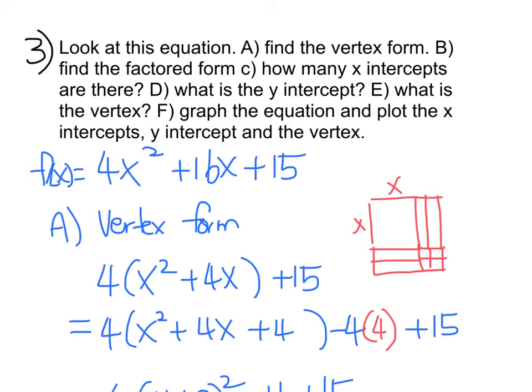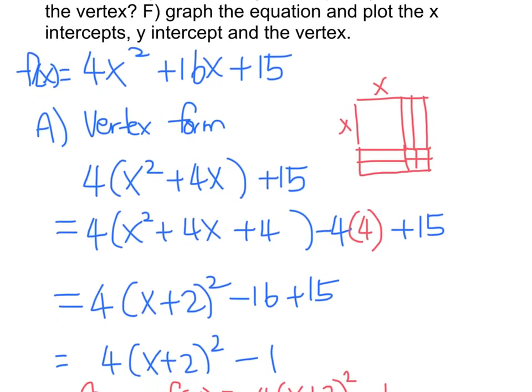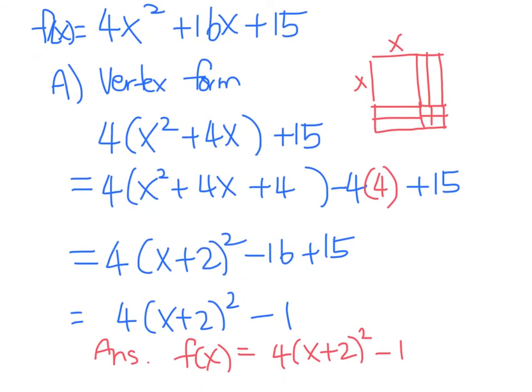Or another way is if you answered part A, because what is the purpose of the vertex form? To find the vertex. So if you look at the answer for A, your vertex form is this one right here, right? I taught it to you yesterday. What is my vertex looking at this equation? Almost. -2 and what? Yeah, -2, comma, -1.